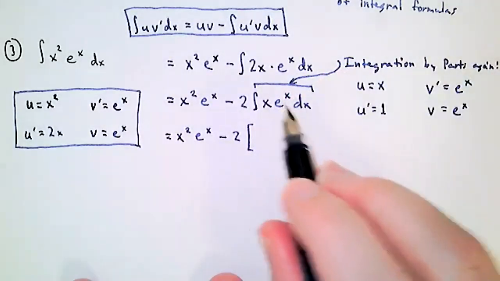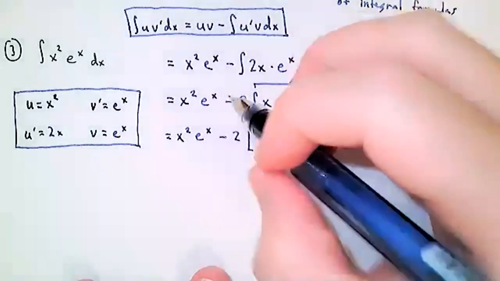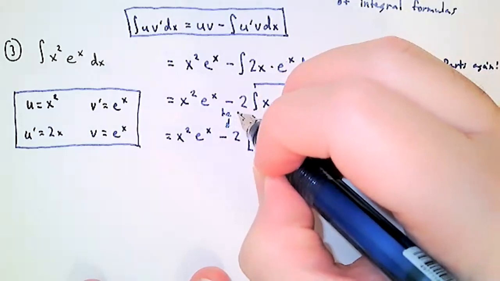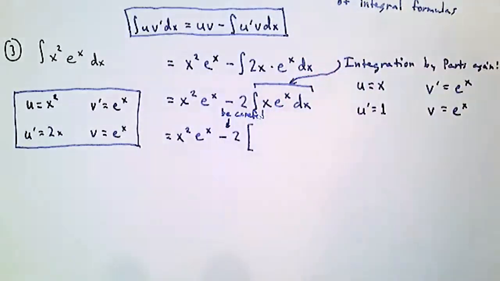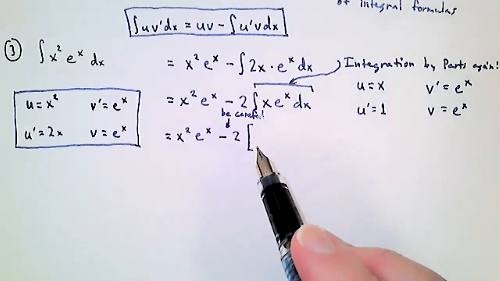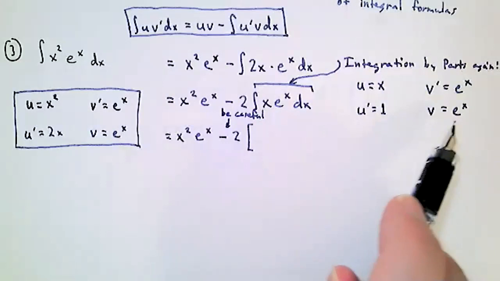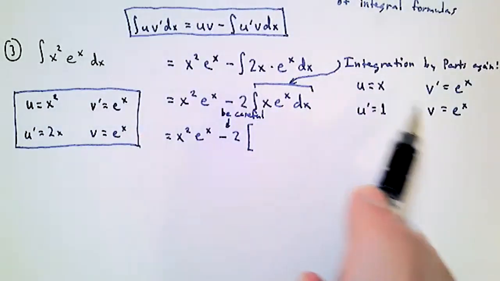And then we're going to do our integration by parts inside of the brackets. So be careful here. And make sure you keep the minus sign. And inside the parentheses, we need this again. Excuse me, we need a uv. That's x e to the x.